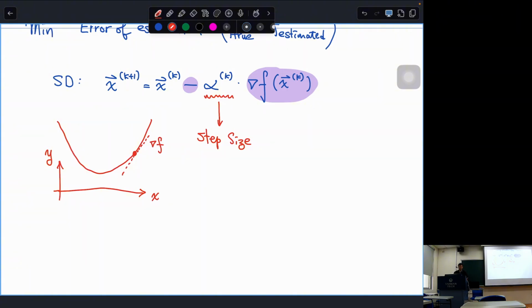In this drawing my gradient is positive, which means if I move forward, the function value increases. So I should move backward, along the negative gradient direction, so I know my function value can drop. That's why we want to move along the negative gradient direction.